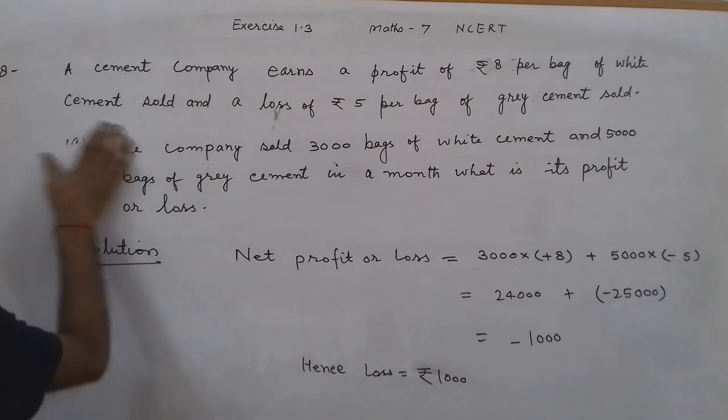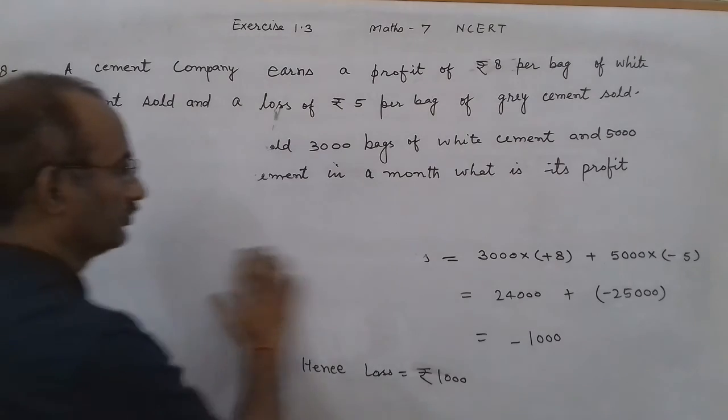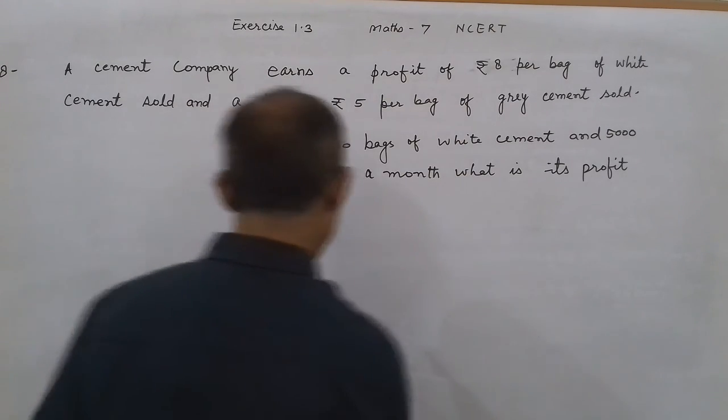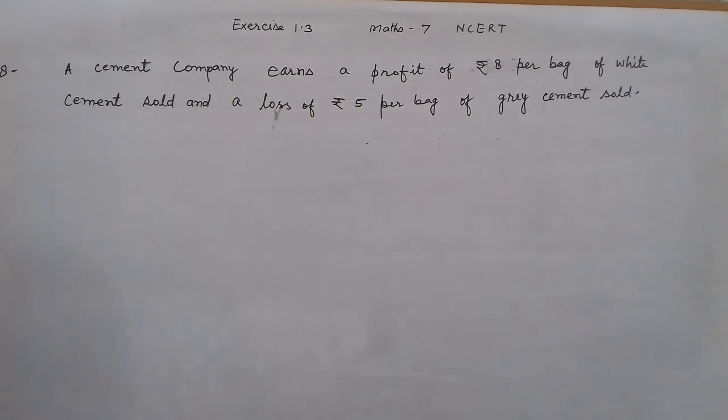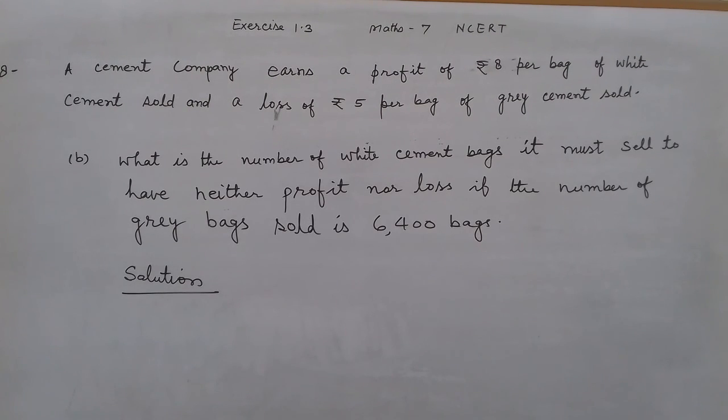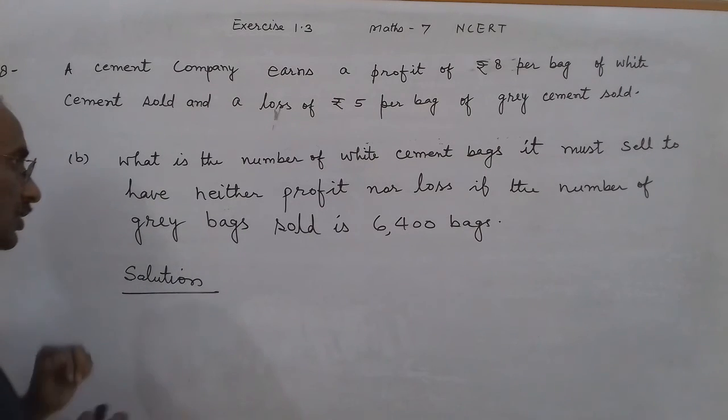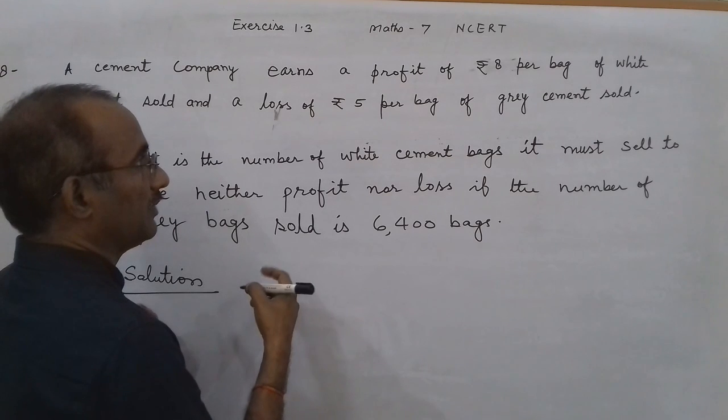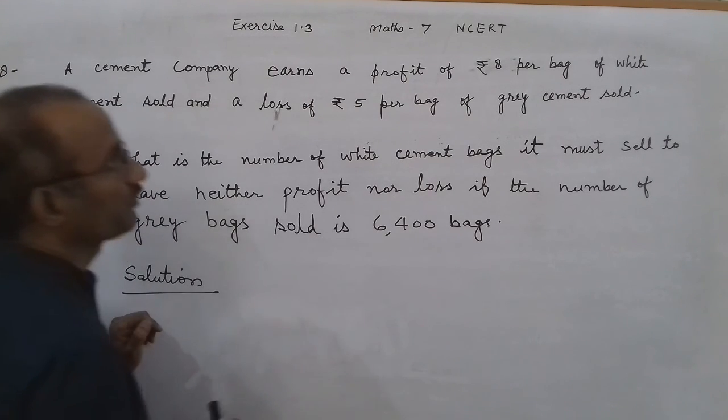Now, let's see question B. What is the number of white cement bags it must sell to have neither profit nor loss if the number of grey bags sold is 6,400 bags? So here we have no profit and no loss.